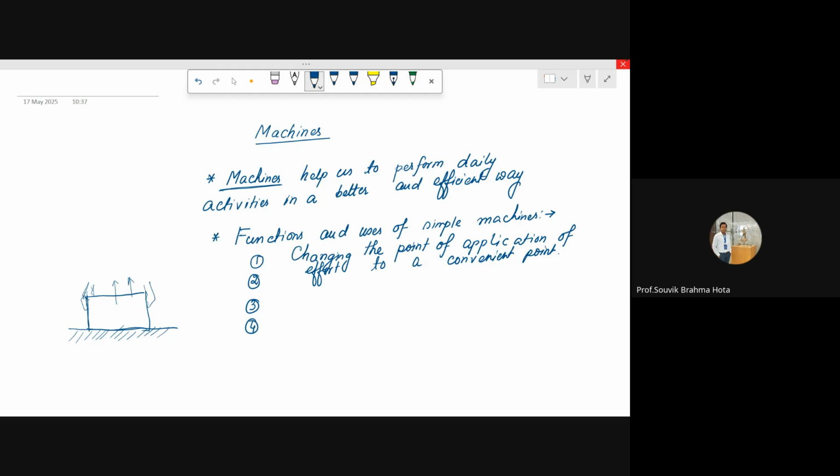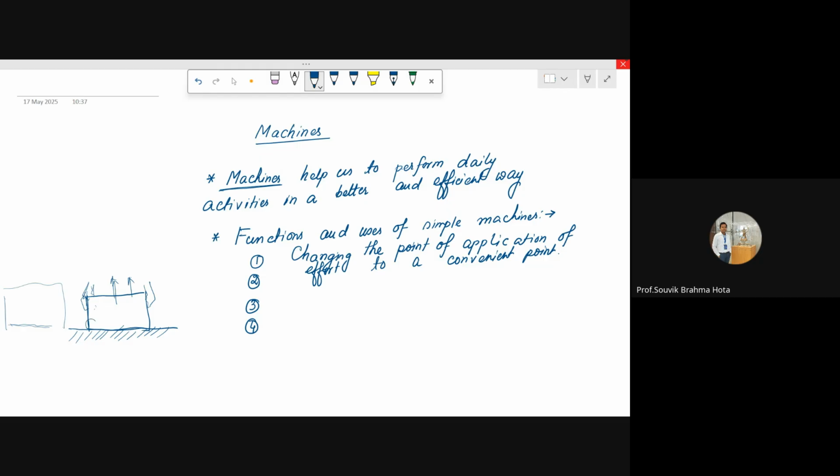So it is a strenuous job, correct? It is difficult to carry weighty things. Now, what if you want to displace this box from this position to this position? One process is you raise it up, carry it, and place it over here. It is a difficult way.